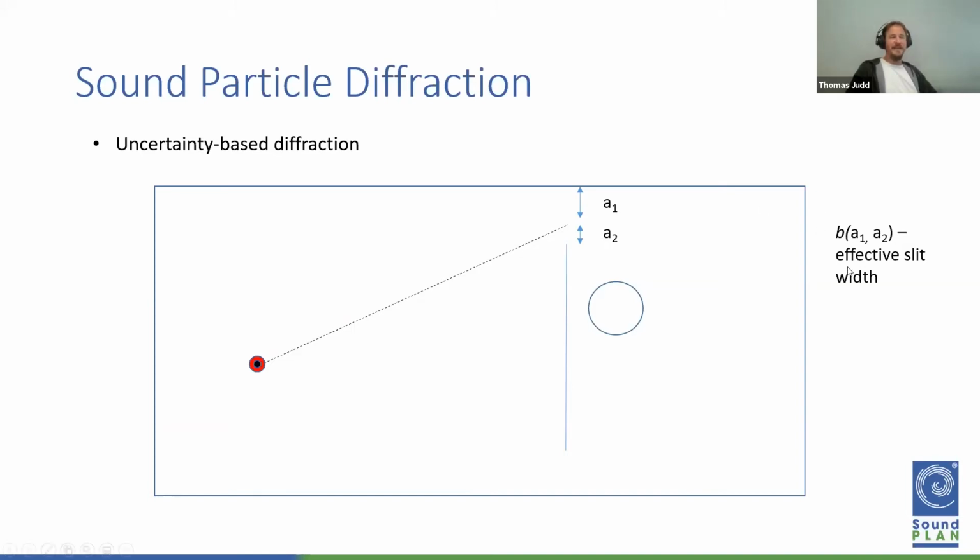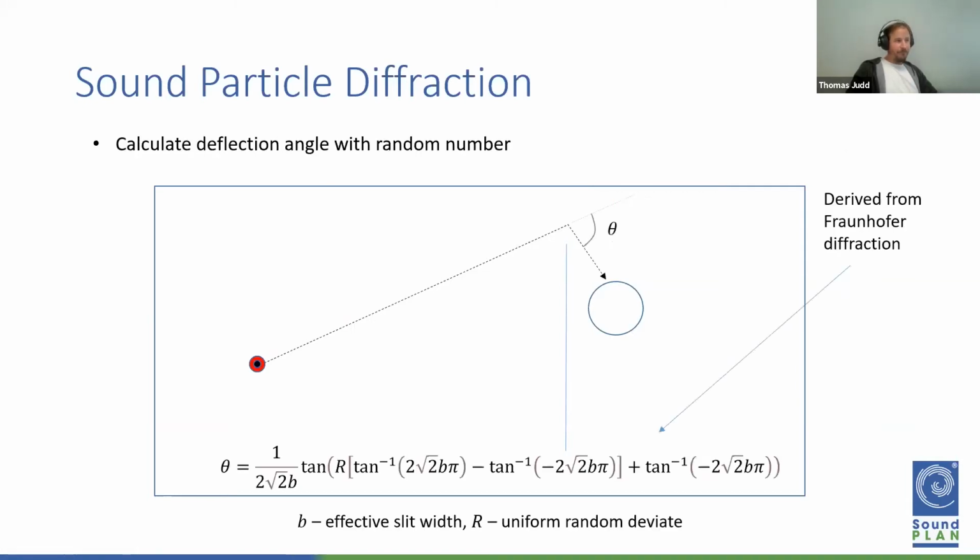So we'll call that B, our effective slit width, and then we plug that into the following formula. I know it looks ugly. I mean, for us, we consider that sort of fairly non-ugly compared with some of the other stuff we considered at the time. It's derived from Fraunhofer diffraction, but I must stress that this is mainly empirical.